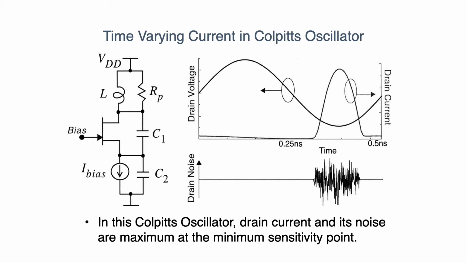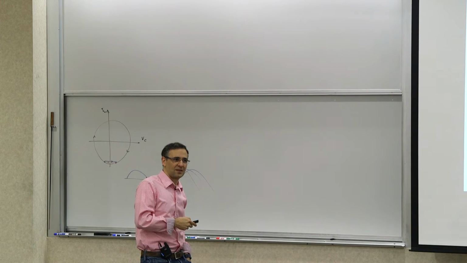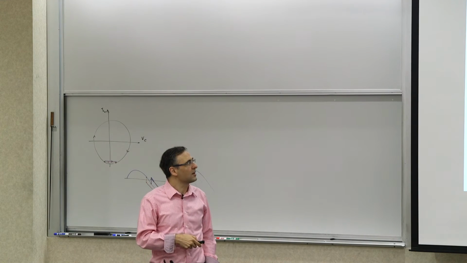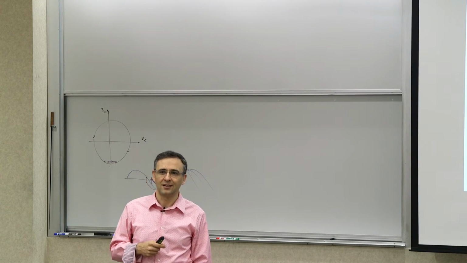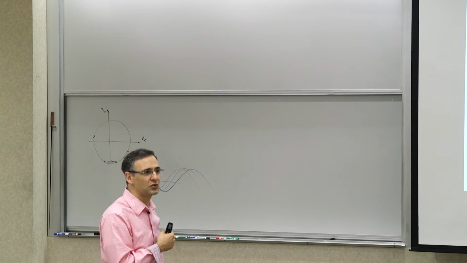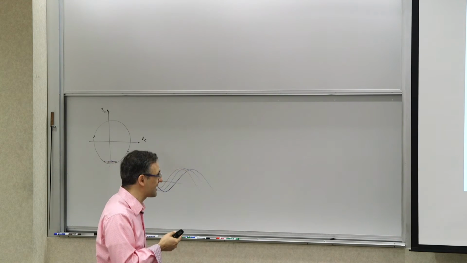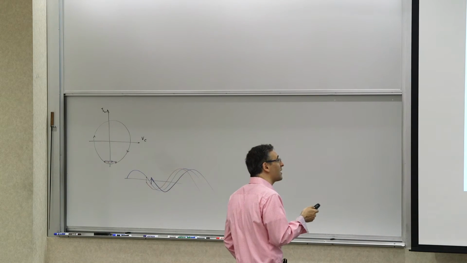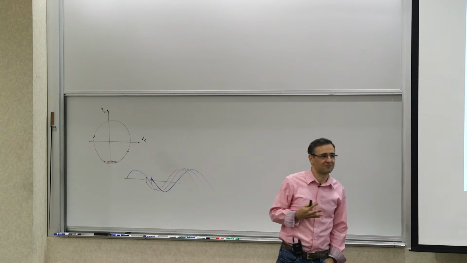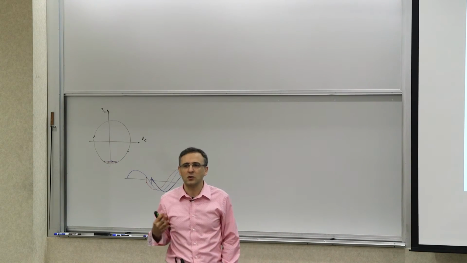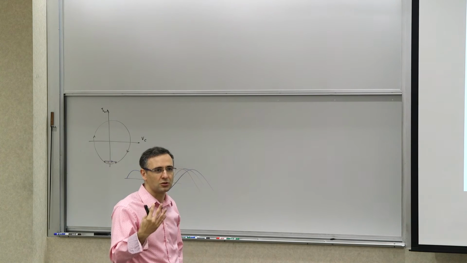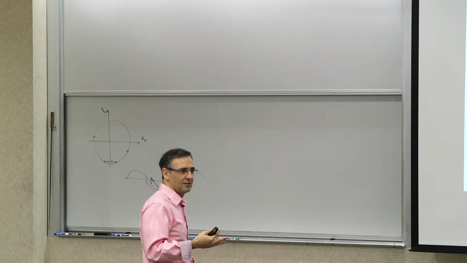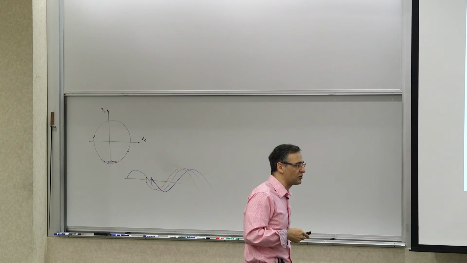So the maximum of your noise coincides with the minimum of your sensitivity. And that's what is captured by the effective ISF. You can see that the effective ISF is significantly reduced in this example, and that's why Colpitts is one of the good oscillators. That explains why Colpitts generally produces good phase noise behavior: this timing, this cyclostationary noise timing.